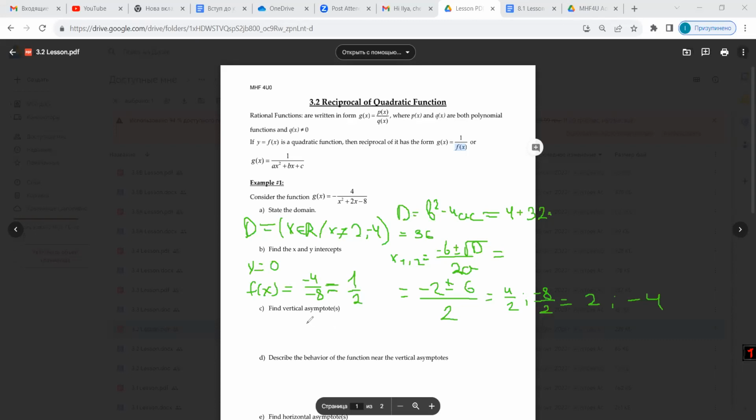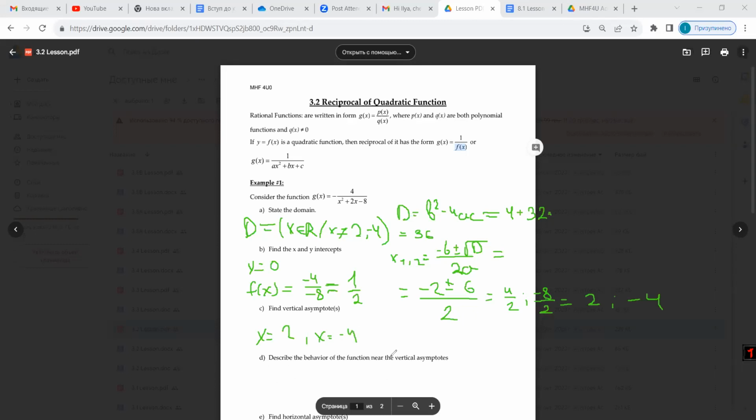Right? And the vertical asymptotes in this particular example are x equals 2 and x equals negative 4.